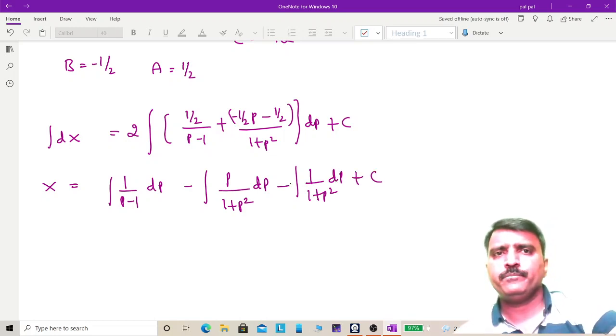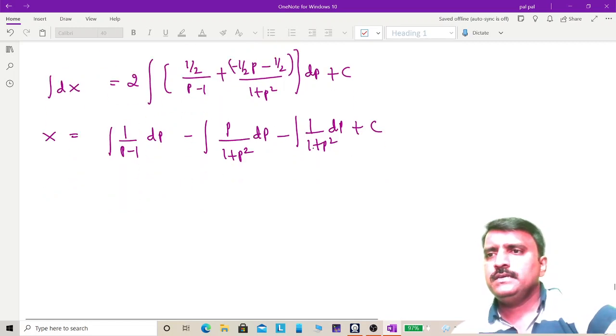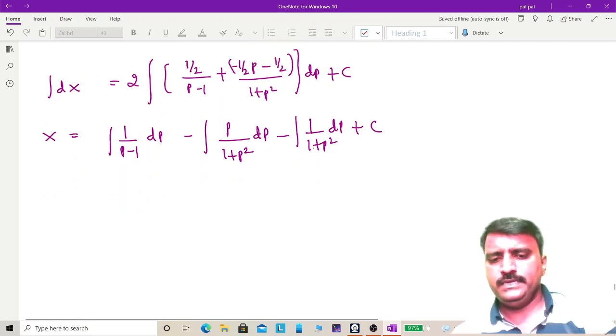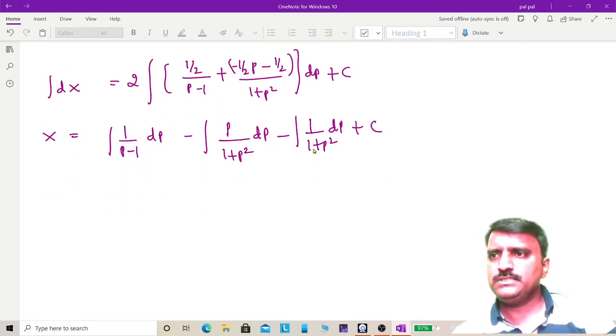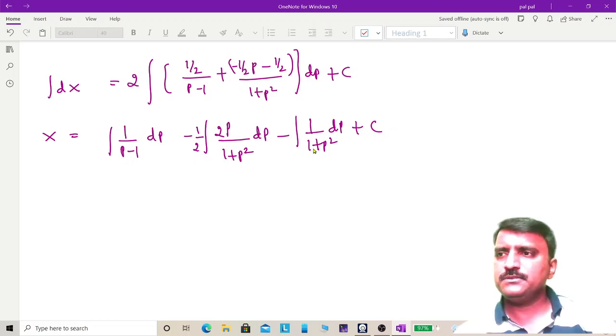constant. Okay. So now here is one small change. Here I am multiplying and dividing by 2, because now the differentiation of the denominator is in the numerator, we can easily integrate this. We have written it so that it is easy to integrate.